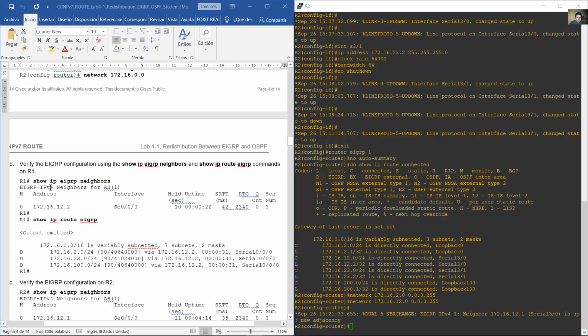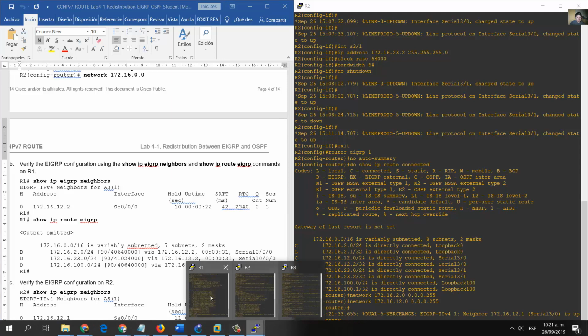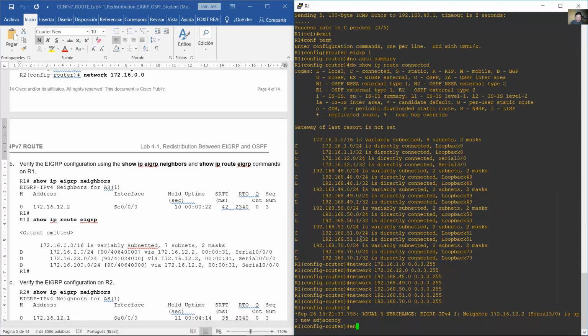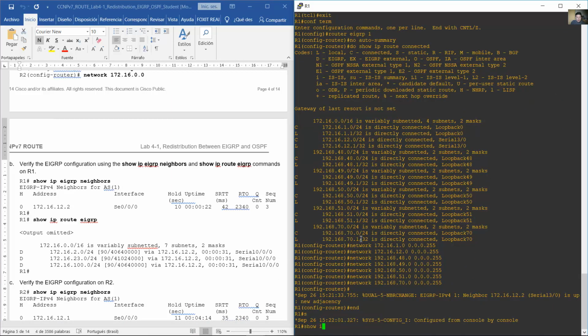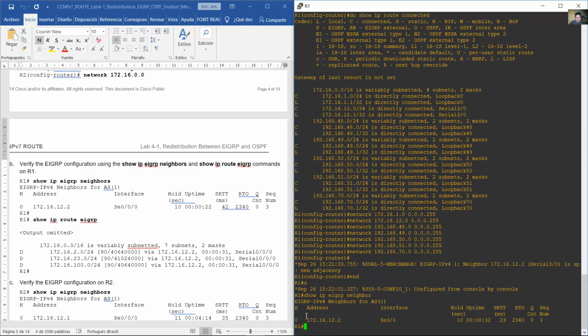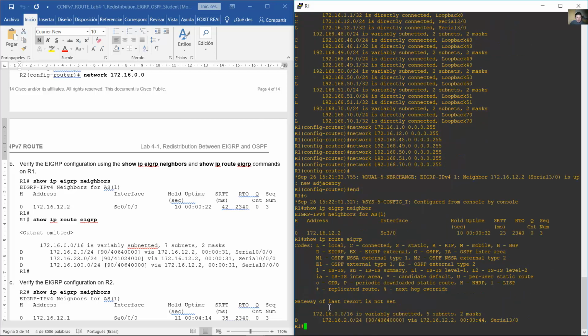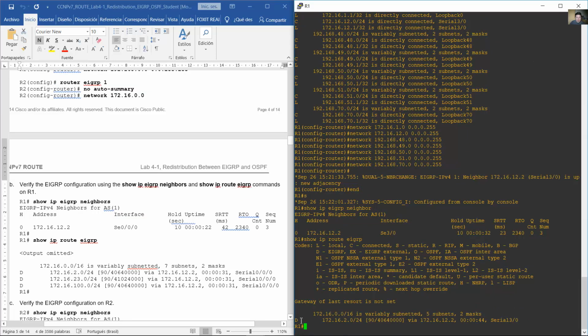Okay, for example, on R1, verify the neighbors for EIGRP with show ip eigrp neighbor. And you can see R2. Show ip route eigrp.